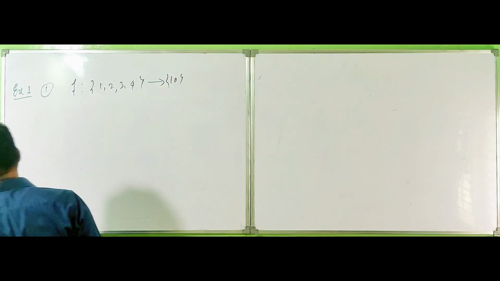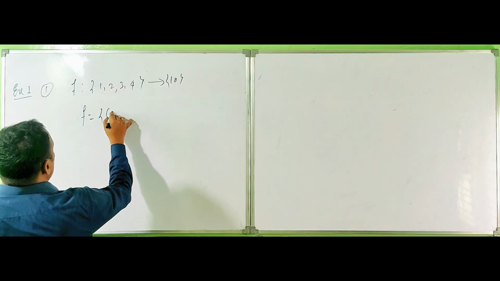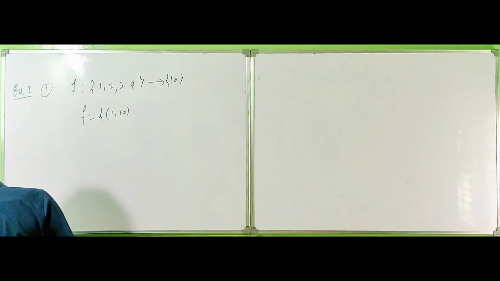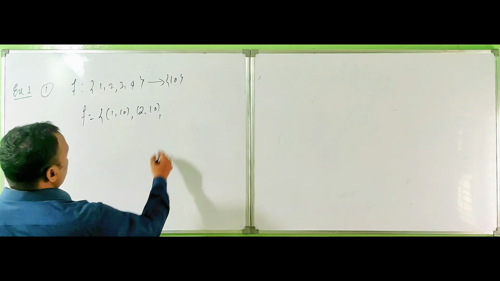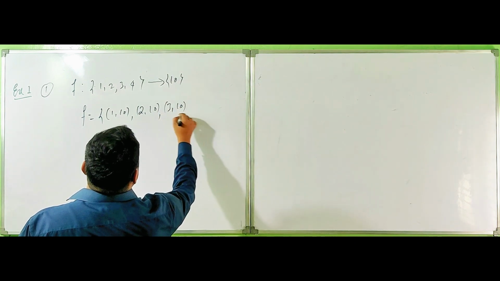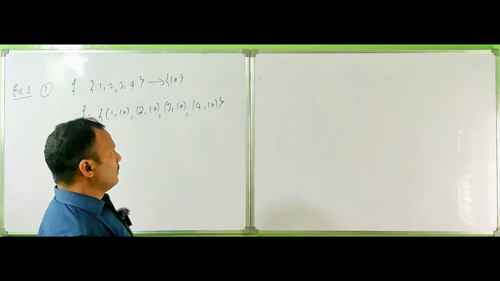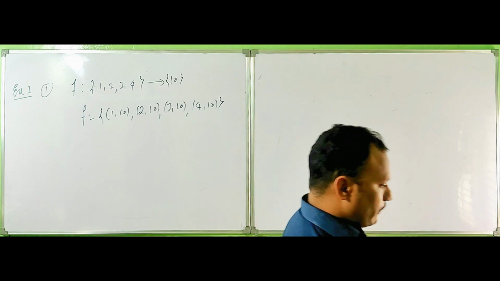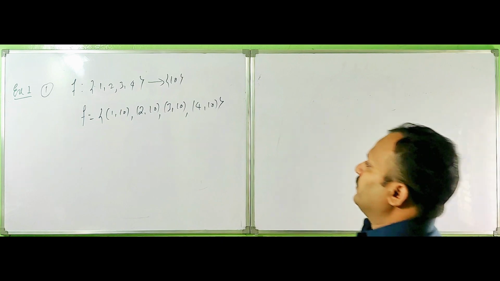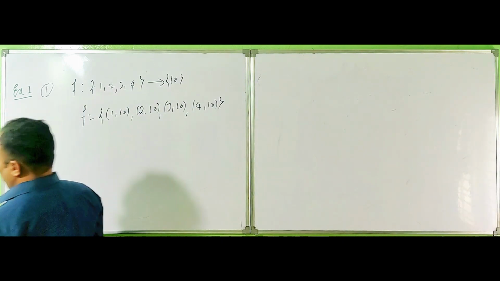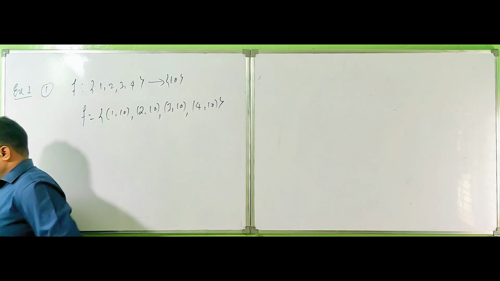And f is given as the ordered pairs (1,10), (2,10), (3,10) and (4,10). Whether this function is invertible or not: all the elements are mapping to one single element.